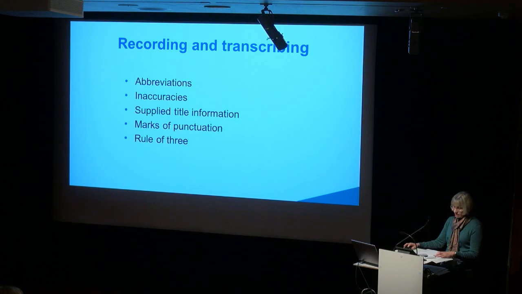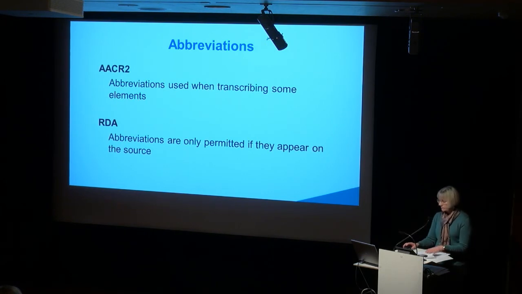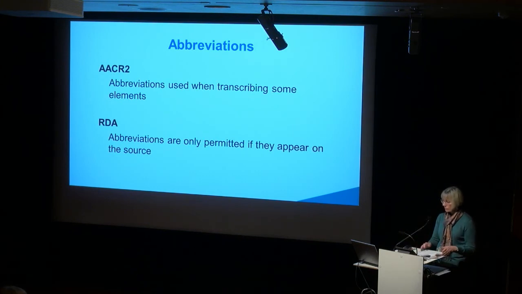So with RDA, and now with online systems, space limitations are not so much of an issue. And so for this reason, RDA discourages us from using abbreviations and applying things like the rule of 3. So now we have a lot more information. So abbreviations. We only use abbreviations occasionally, and they're only permitted if they appear on the source.